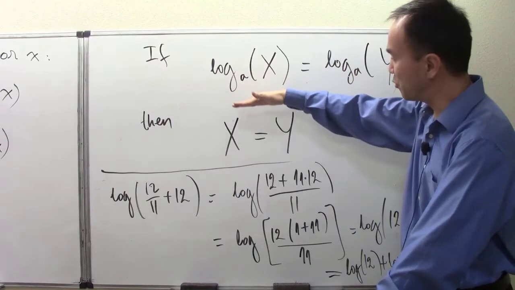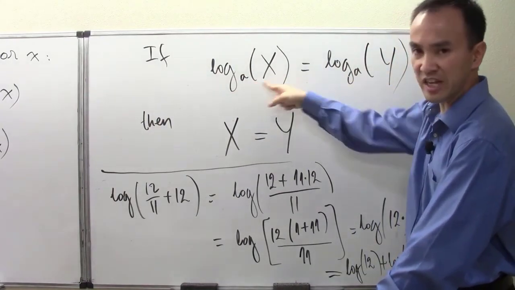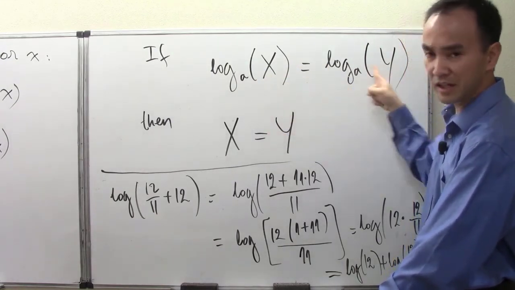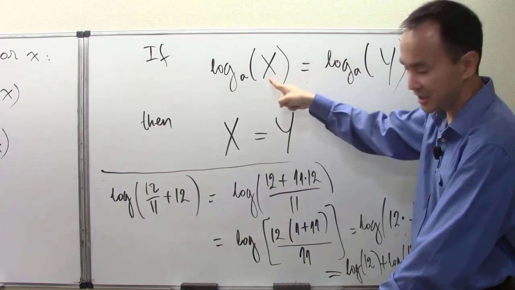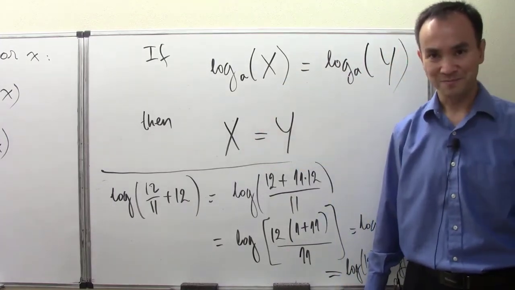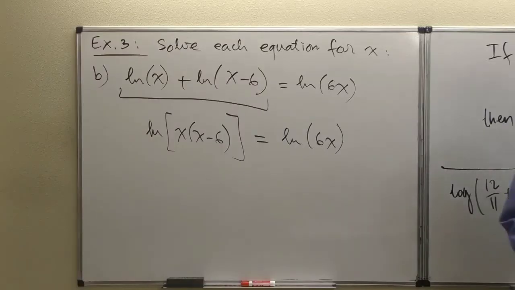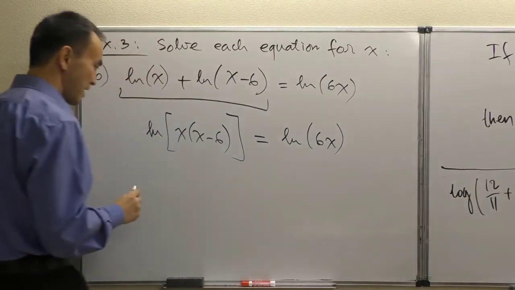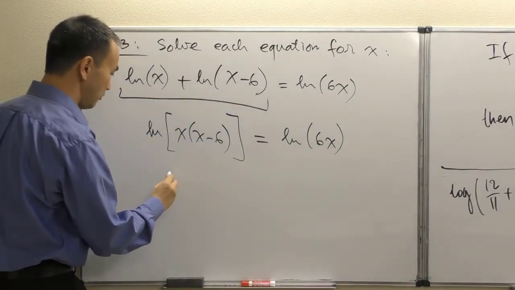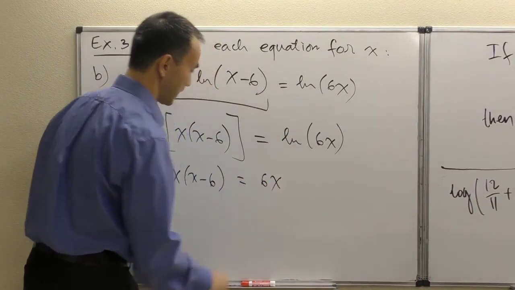Anytime we've reached one logarithm expression equal to another single logarithm expression of the same base, then automatically the two expressions inside the logs will equal on the two sides of our equation. And so from this point, automatically I'll lead to x times x minus 6 will equal 6x.